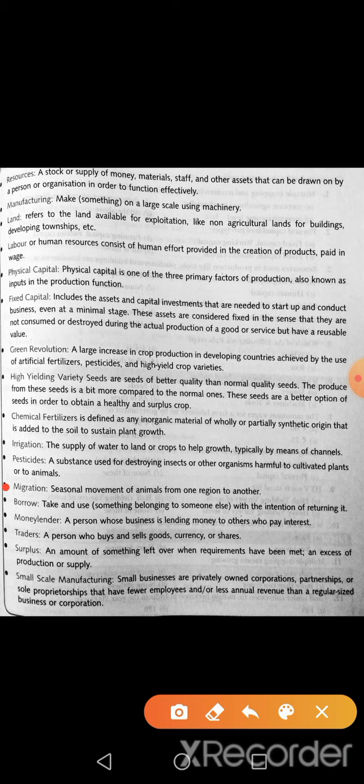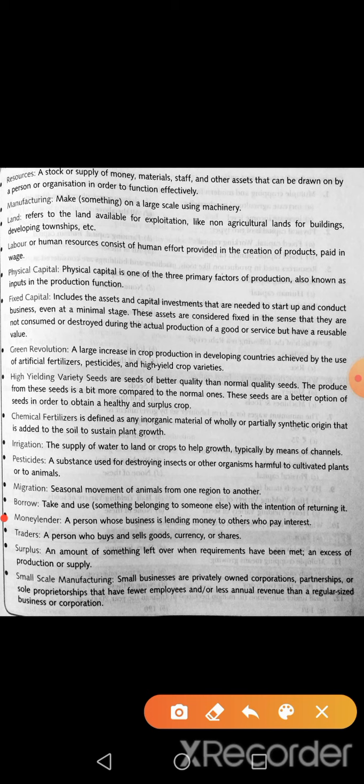Next one, borrow. To take and use with the intention of returning it is known as borrow. Is that clear, everyone? Borrow means to take something from anyone for your need, and after that you return that thing. Next one, money lender. In farming, people take money as a loan or as capital from a money lender.